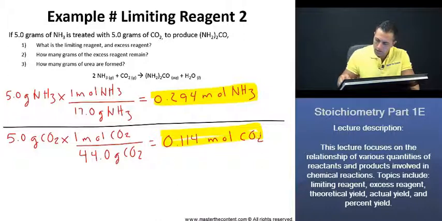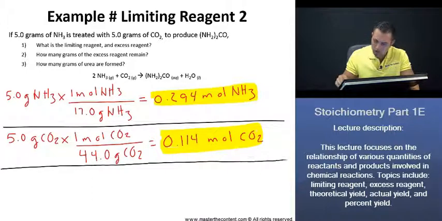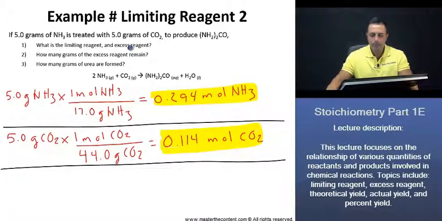Now we need to find the limiting reagent, and we can do so by taking a look at our reaction. We see that per mole of carbon dioxide that is reacting, 2 moles of ammonia are being consumed. Thus, if this amount of moles of our carbon dioxide is participating in the reaction, twice as much is going to participate for the ammonia.